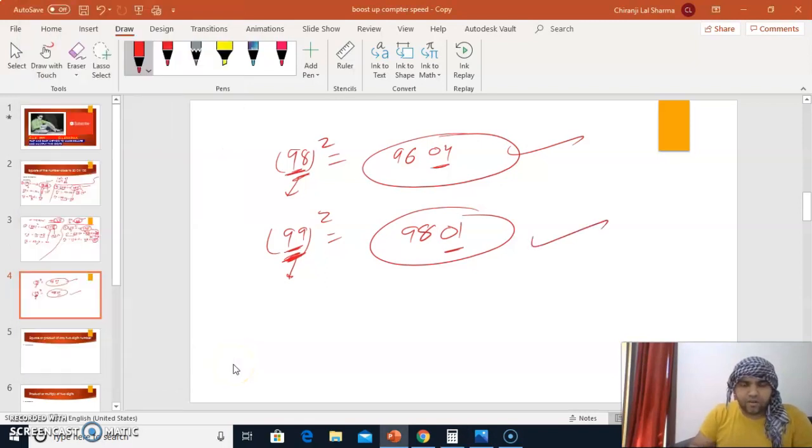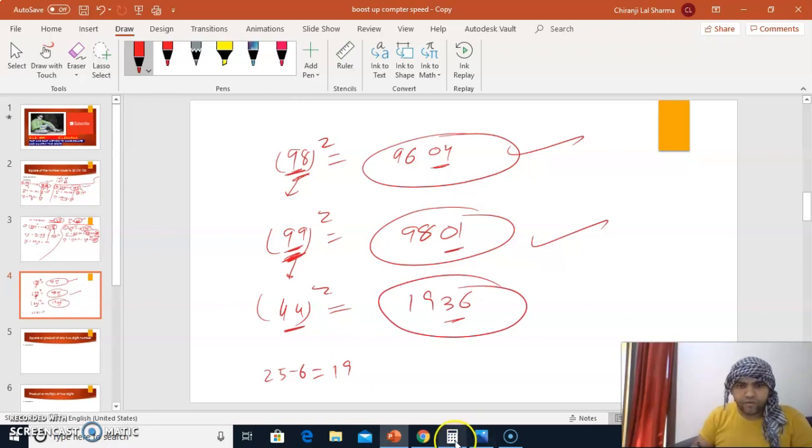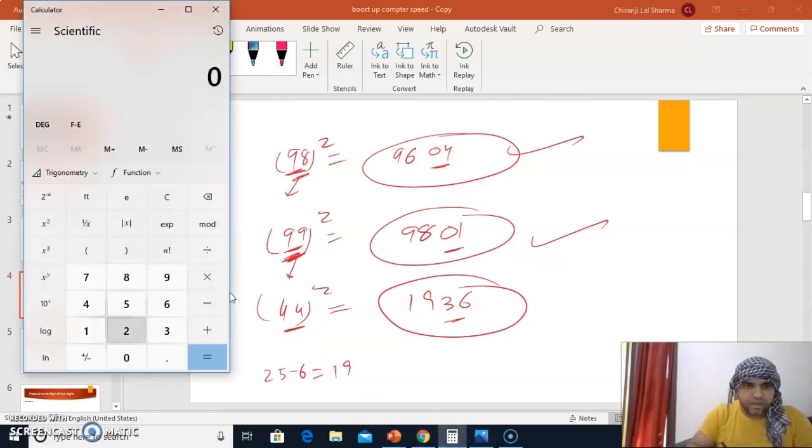Or another example closer to 50, suppose you are taking 44. It is 6 less than 50, so we'll write the square of 6, that is 36, and you will subtract 6 from 25. So 25 minus 6, you will get 19, so you will write 19 here. This is the square of 44. You can check quickly, 44 times 44, you will get 1936.